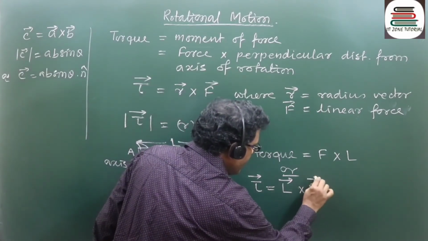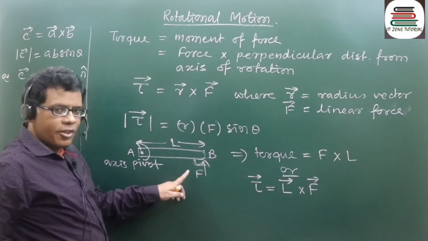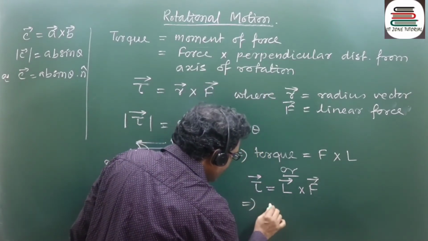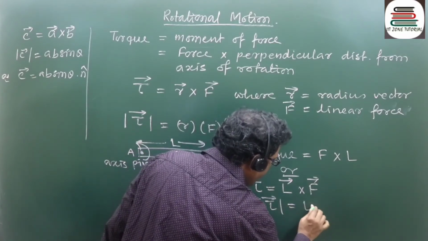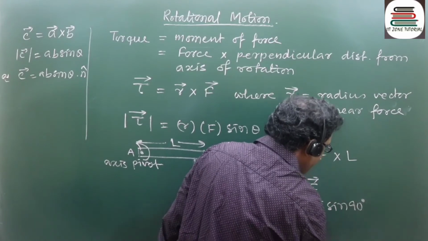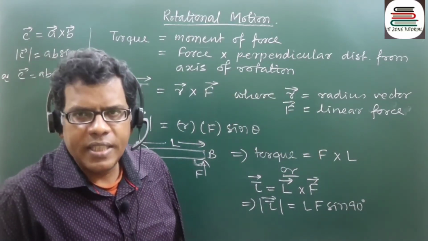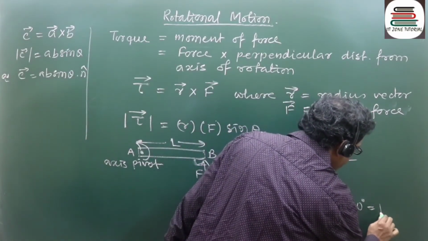Since these two are at an angle of 90 degrees, I will write the mod of torque as L into F into sin 90. The numerical value of sin 90 is 1, so it is simply L into F.